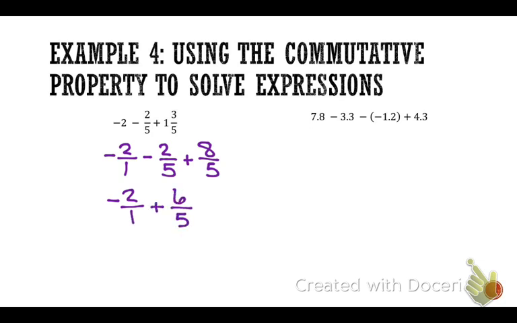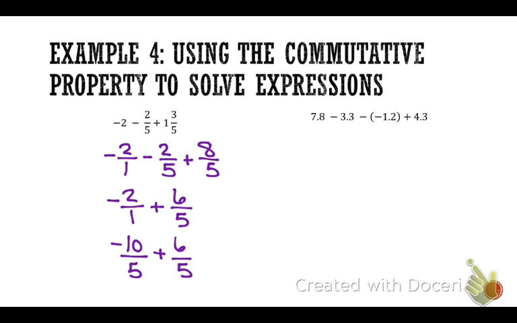All right, am I ready to add them together to get my answer? Am I? No, what do I need? Common denominator. So 1 times what? 5. So my denominator becomes a 5. And what is my numerator? Negative 10. Plus 6 over 5.